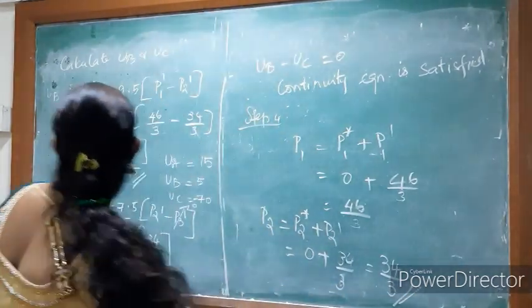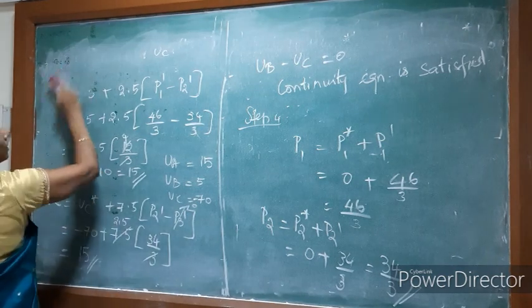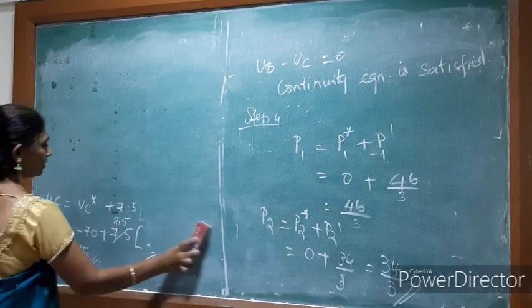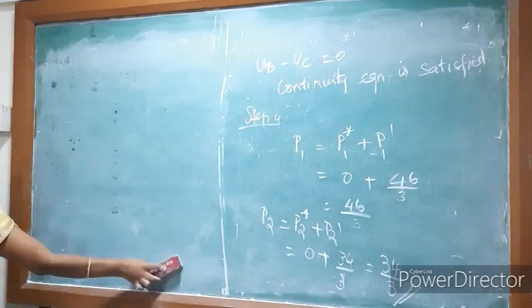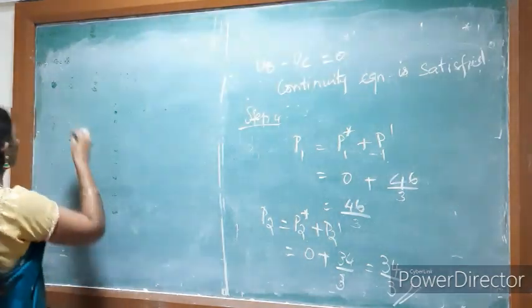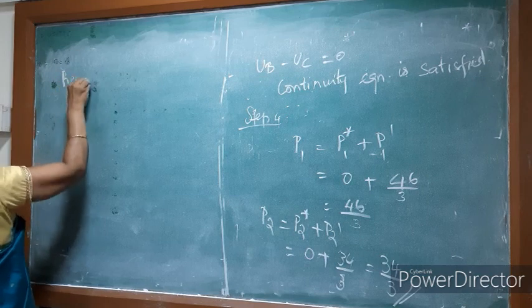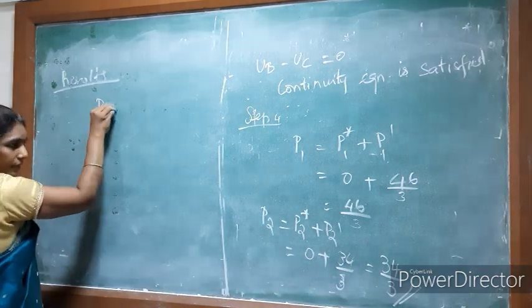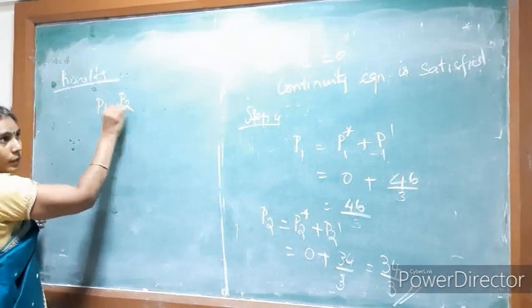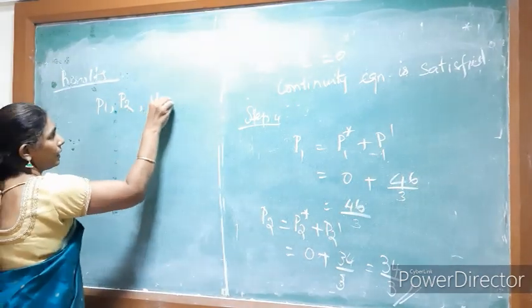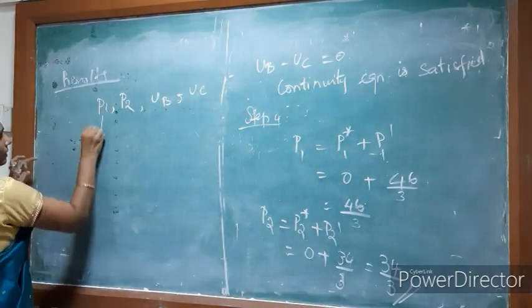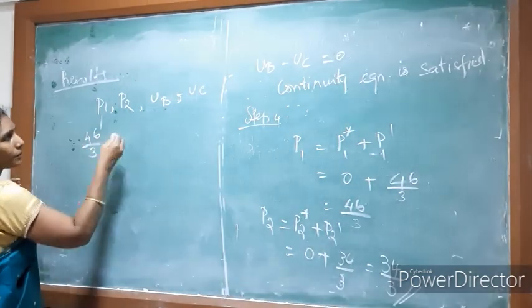Now we'll see what all results we have arrived at. We look at the results. We have attained the pressure value, that is at point 1 and 2, as well as B and C. So what are these? This is 46 by 3. Use the appropriate unit.